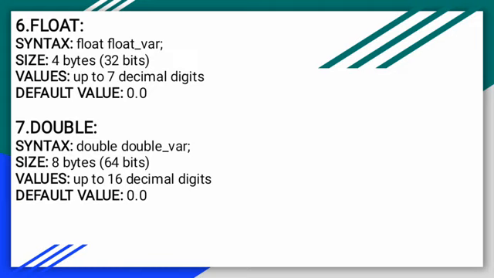Its default value is 0.0, which is the same for float and double, except the values it takes and size. Some small difference between float and double, and the syntax differs, where for float it is float space float variable and double is double space double variable. This is a brief explanation of float and double.